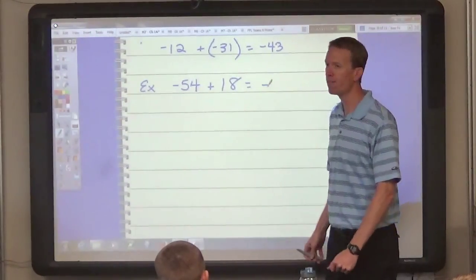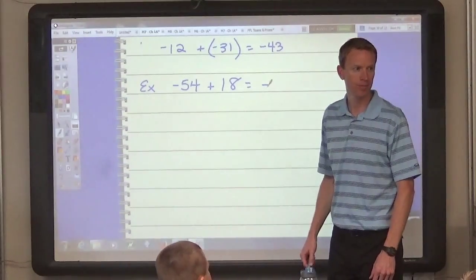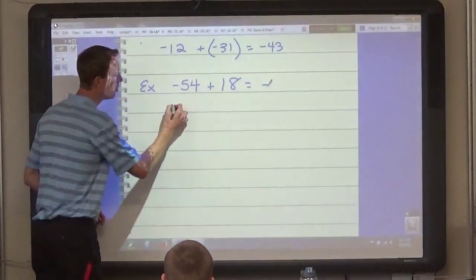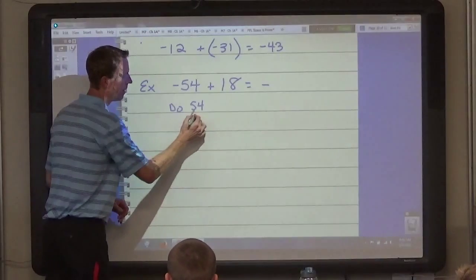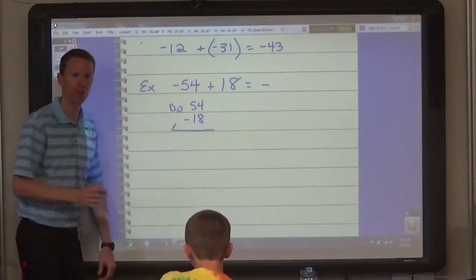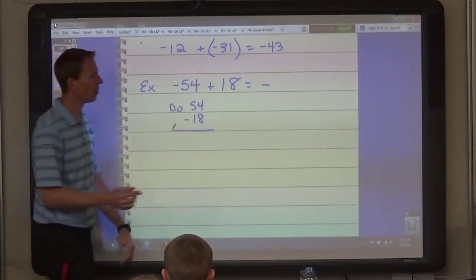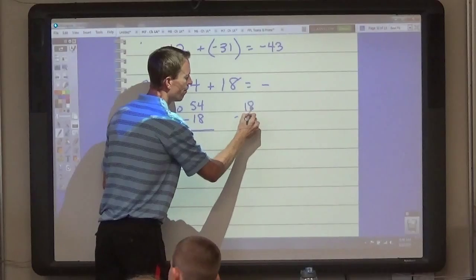Now, how do we find the difference? Garrett? We have to subtract them, yeah. We have to do 54 minus 18 to find the difference. Now, could we do 18 minus 54 to find the difference?